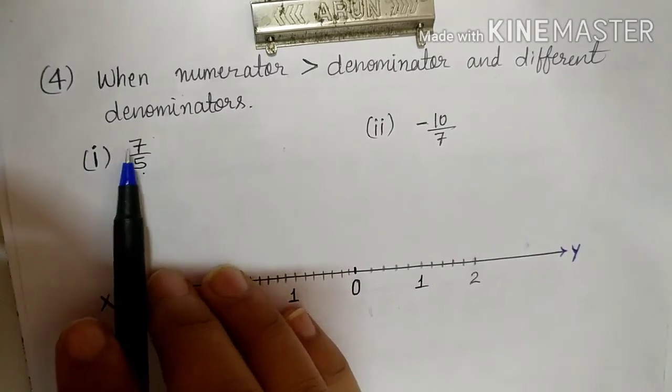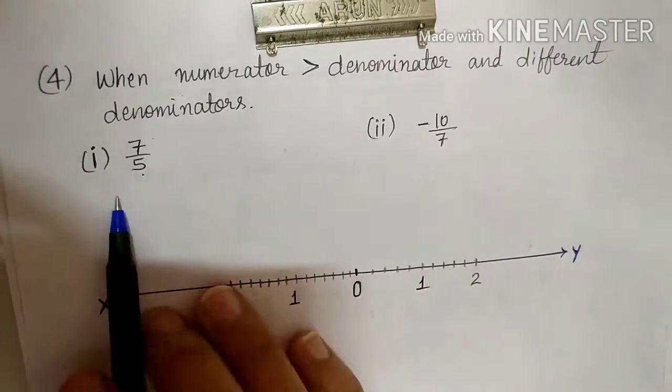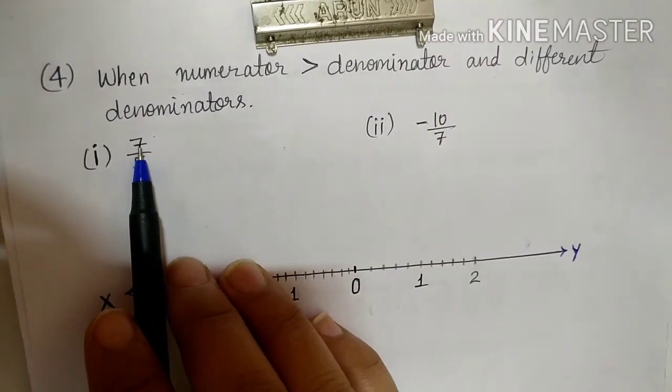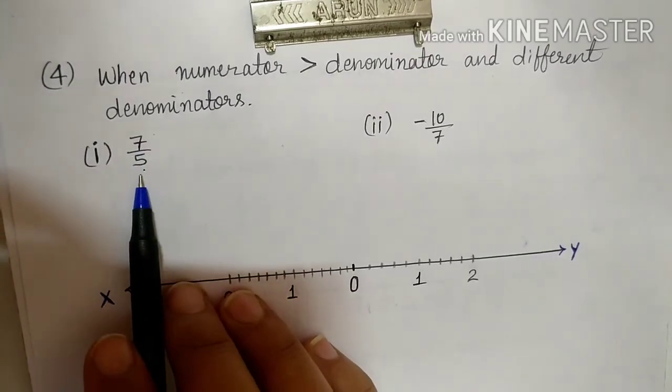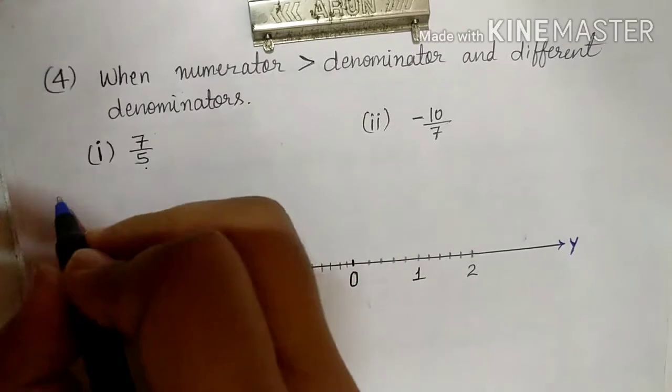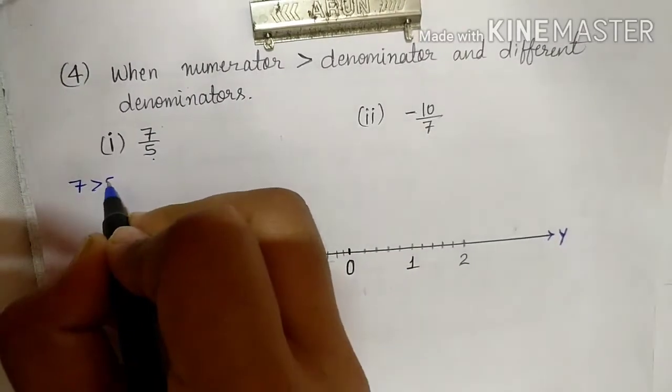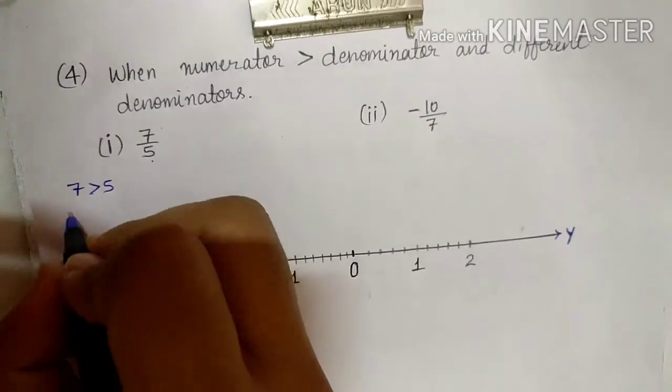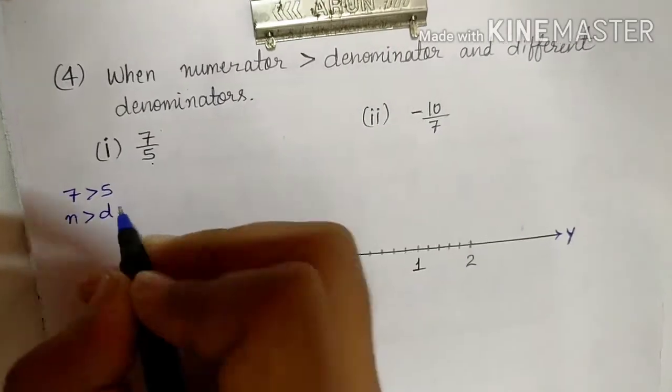But now just check the numerator 7 and denominator 5. Here the numerator is greater than the denominator. Here 7 is greater than 5.